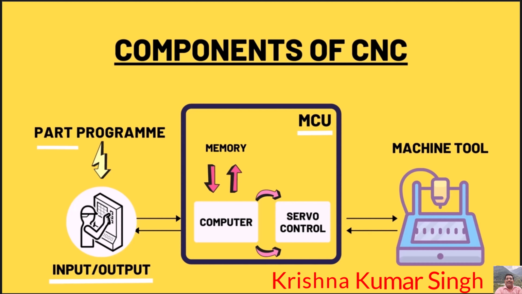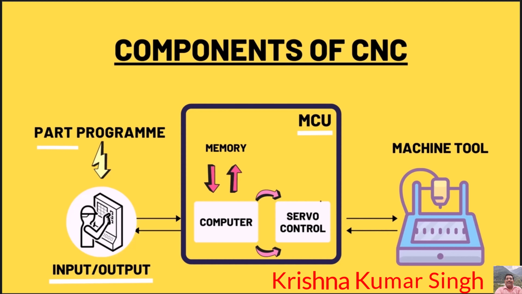The next component is the drive system. See, the basic function of a CNC machine is to provide automatic and precise motion control to its elements, such as work table, tool spindle, and many more. Drives are used to provide such kind of controlled motion to the elements of a CNC machine tool.